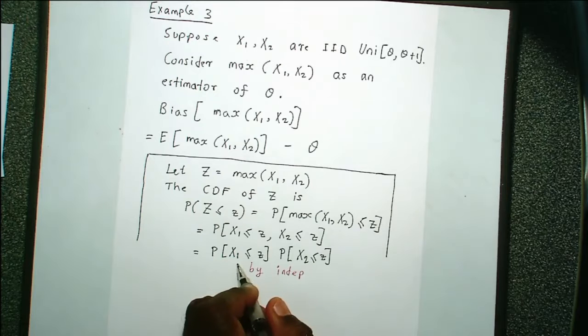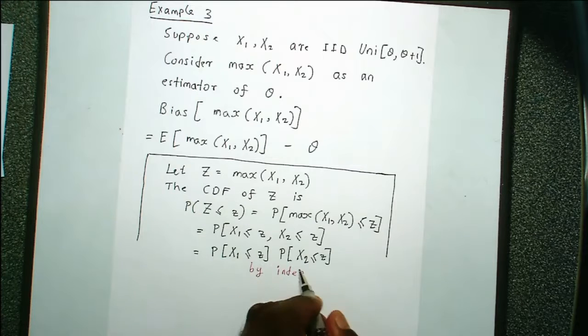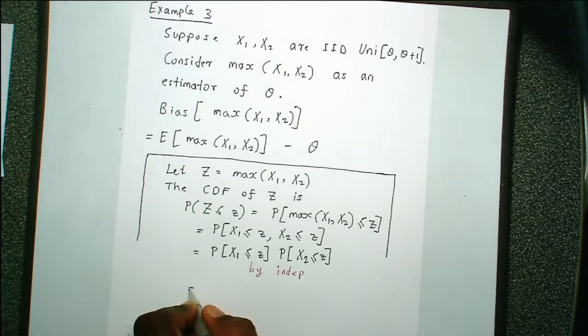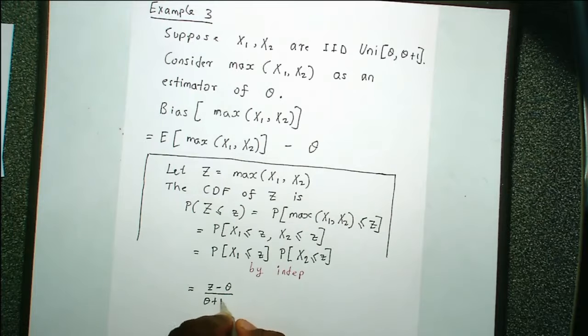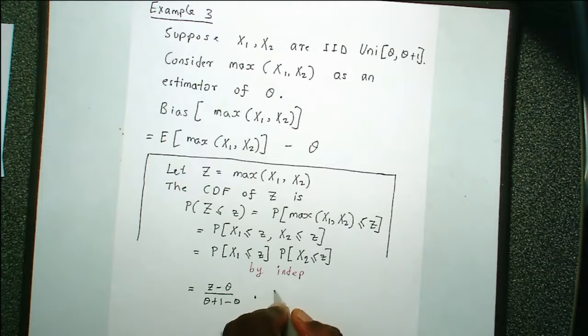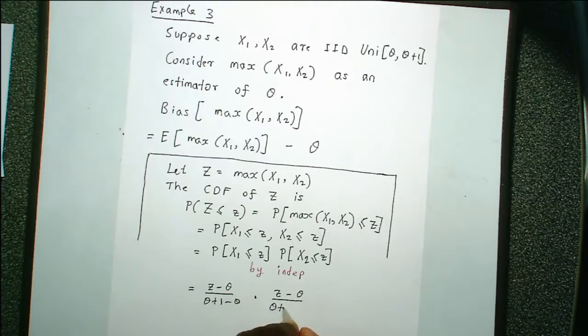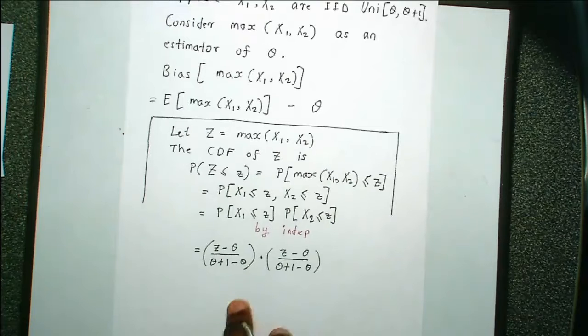Now, what you have here, guys, x1, remember, x1 is a uniform variable, so is x2, right? What you have here is the CDF of x1 and the CDF of x2. Do you see how I got these two terms?